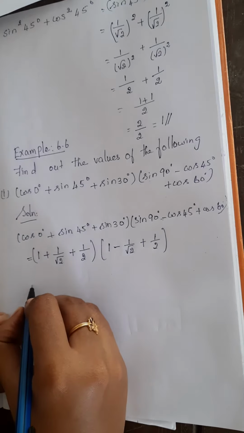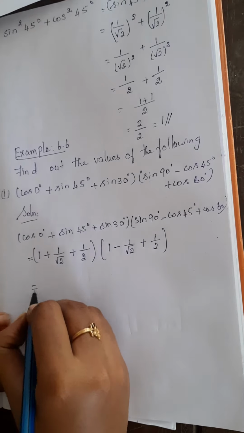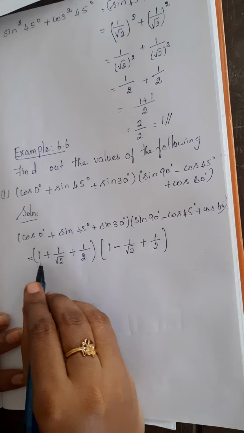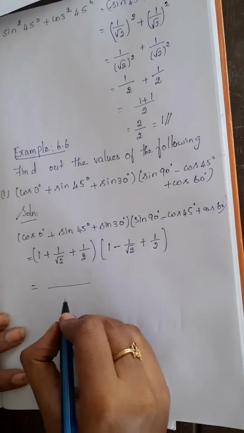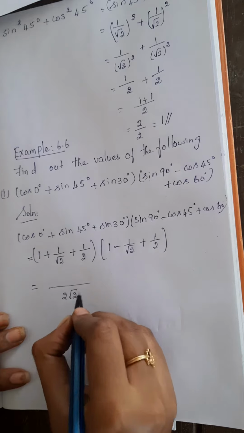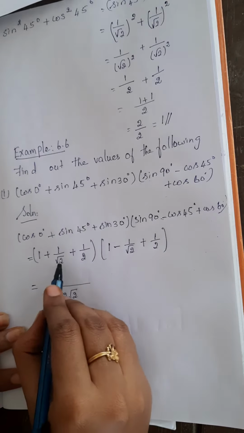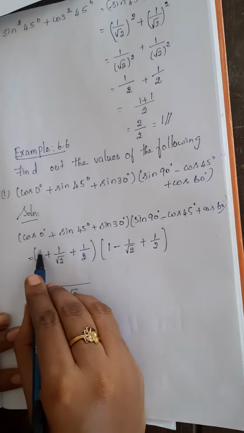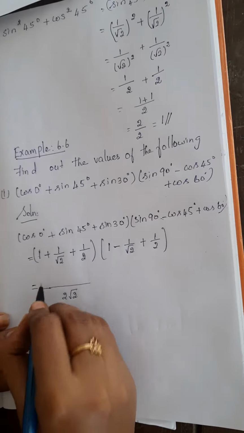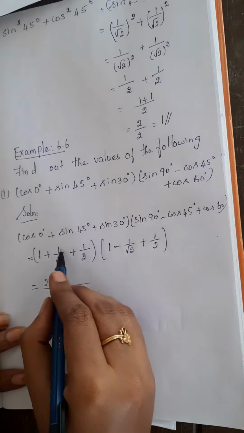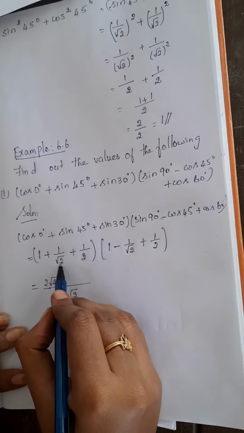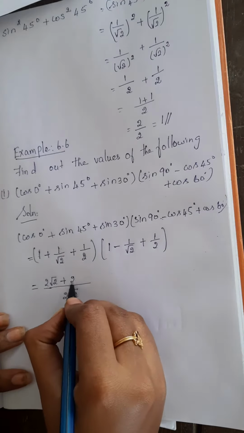Then take LCM. So LCM of these three terms is 2 and root 2. Then 2 root 2 plus, here the value is 2.